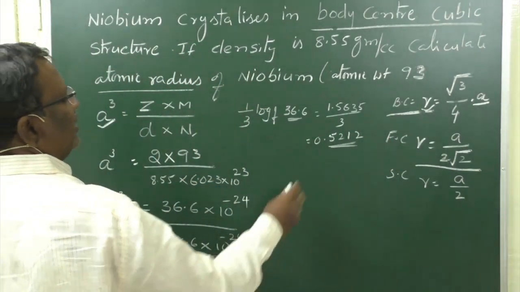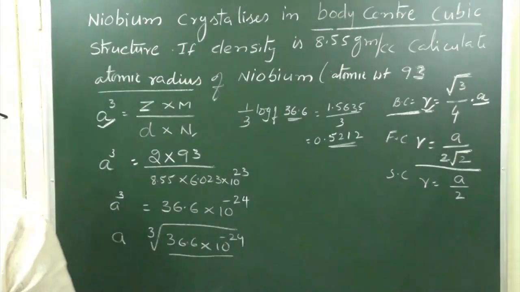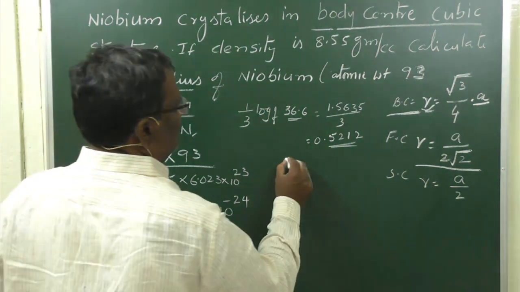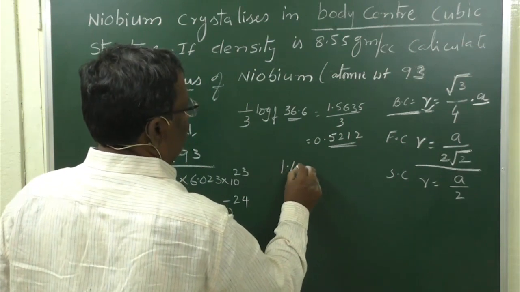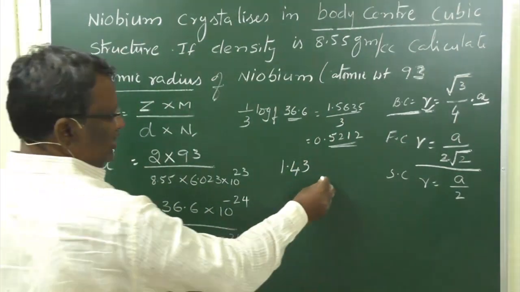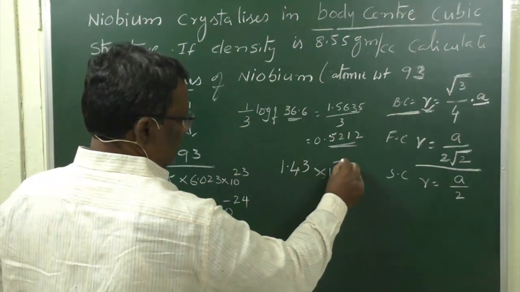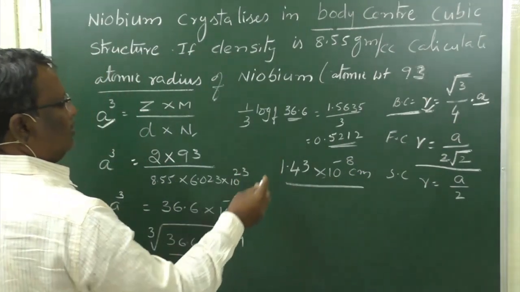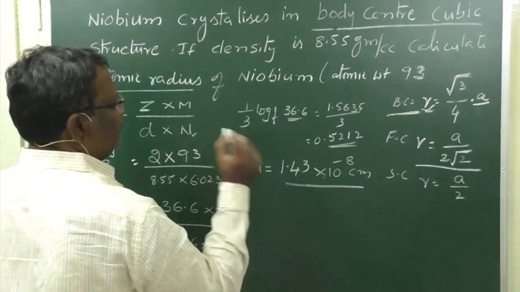The antilog of this will be 1.43, and the cube root of 10 to the power minus 24 is 10 to the power minus 8 centimeters. So, this is the A value.